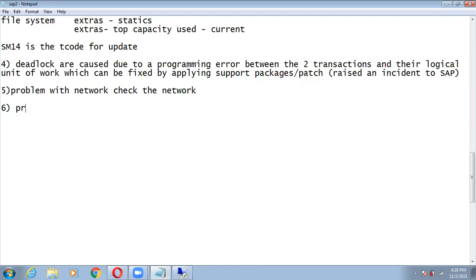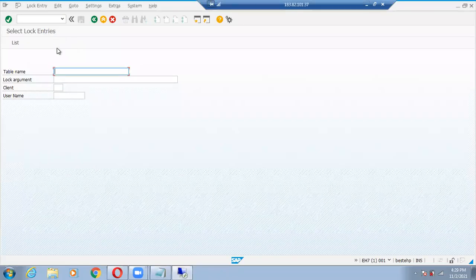Right. Next one, a problem with the message server. If there is a problem with the message server, then also there will be an issue with the lock. The T code is SMMS, and you need to check the issue. I told you just now, right?